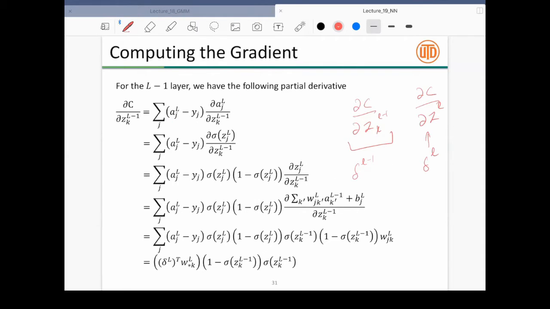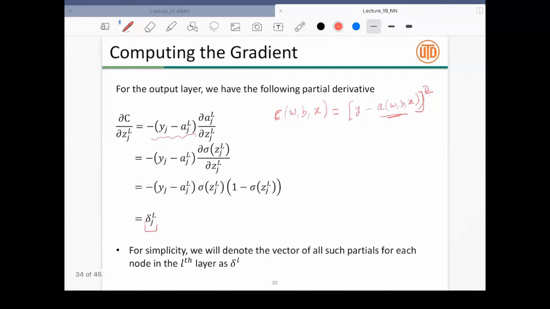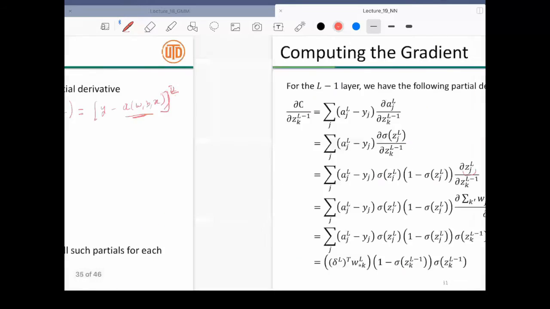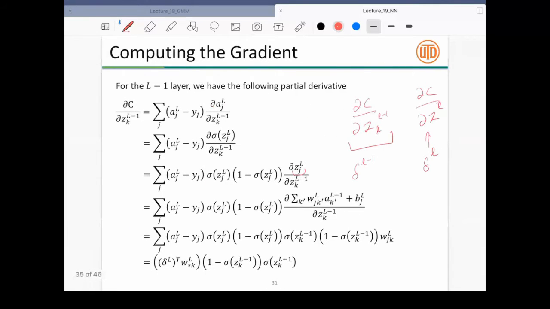Finally we have the derivative of z_j^L with respect to z_k^(L minus 1). This term z_j^L is a function of L minus 1 because of this expression. Substitute this back over here: this is the gradient with respect to w_jk'^L times a^(L minus 1), plus the bias term.